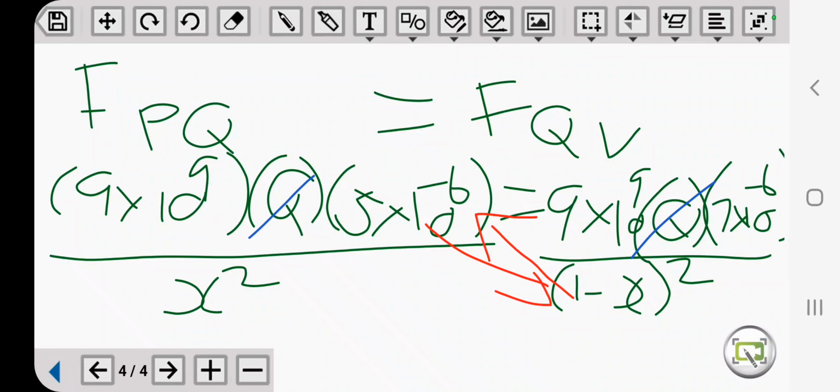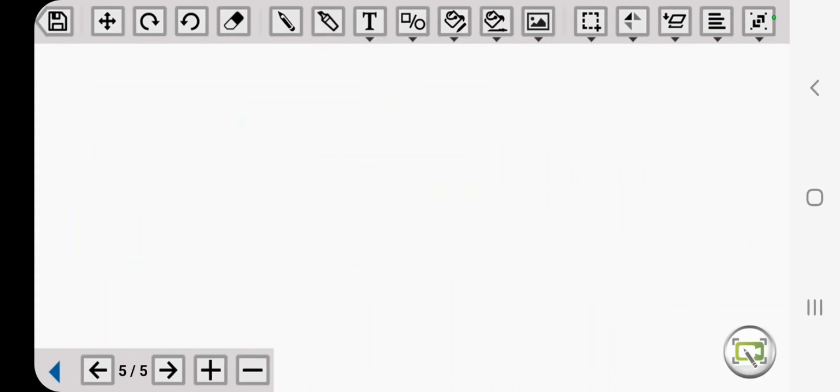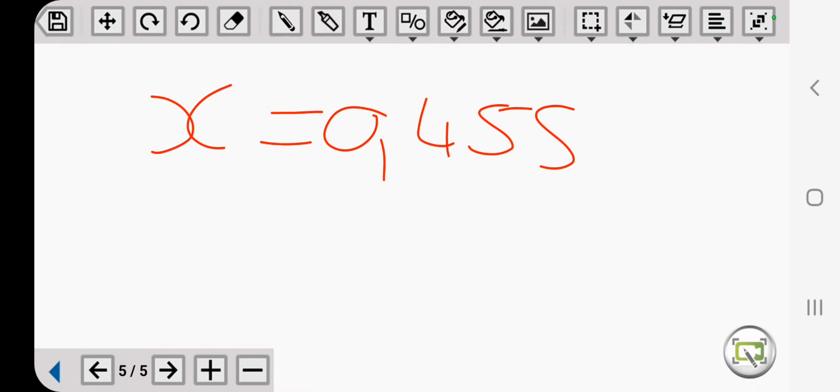And then we multiply this x squared with a term on the right hand side. So it's just a little bit of algebra there, and then you can solve for x. And x will then be 0.458, always 2 decimals, so 0.46 meters.